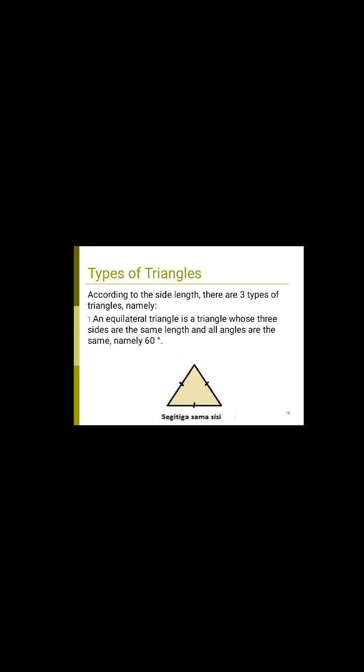Types of triangle. According to the side length, there are three types of triangle, namely: first, an equilateral triangle is a triangle whose sides are the same length and all angles are the same, namely 60 degrees.